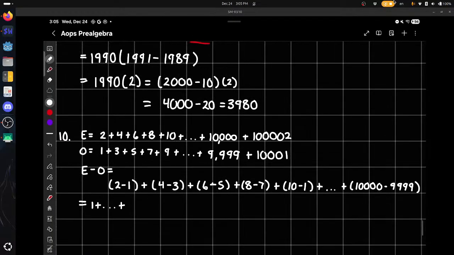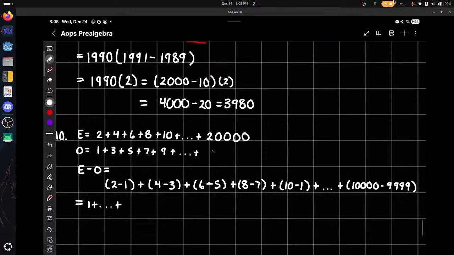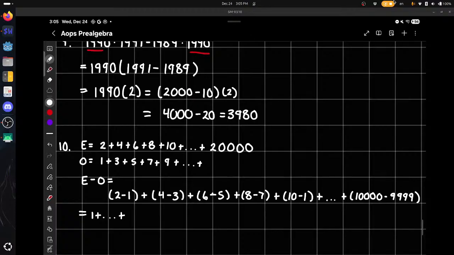If we, this is really 5,000. So the next number, this would have to be at 20,000. That is 10,000 right there. Which means that this is at, well, because the even numbers exceed the odd numbers by 1, I think this would have to be something like this.